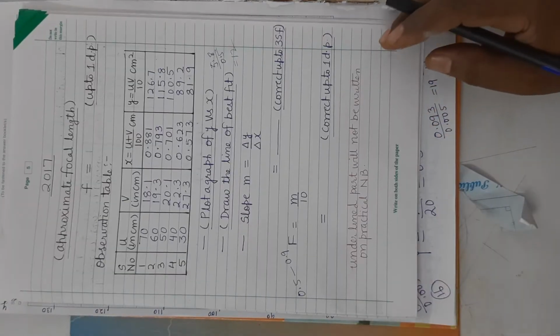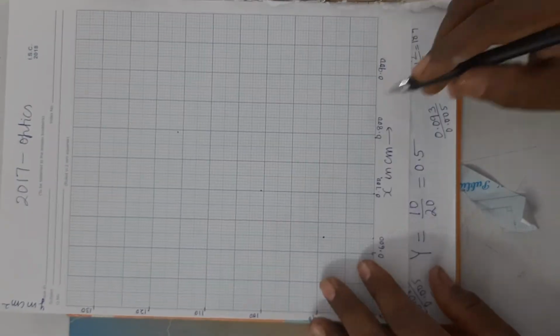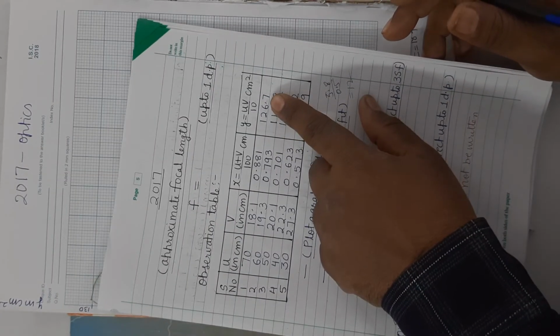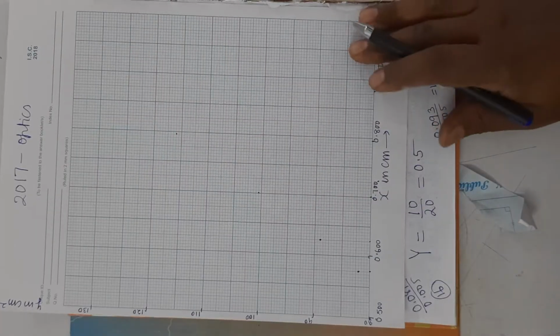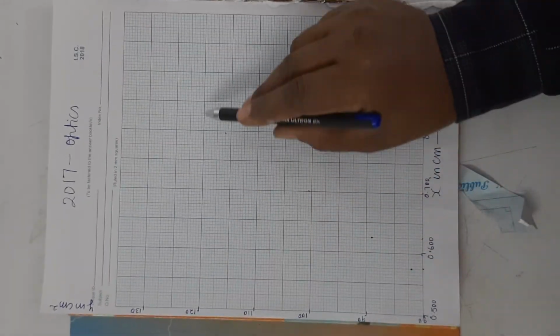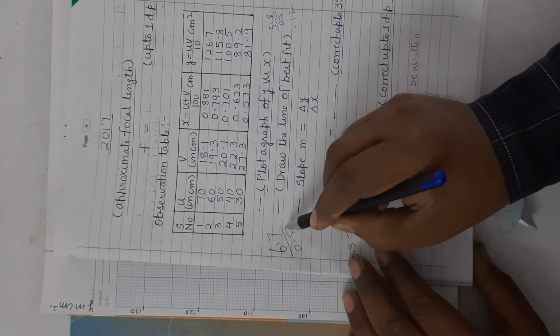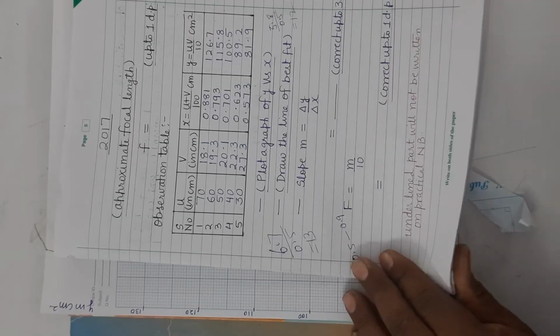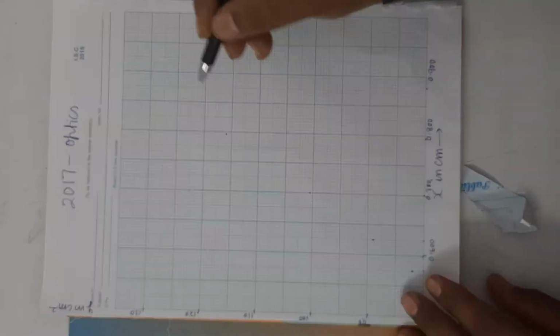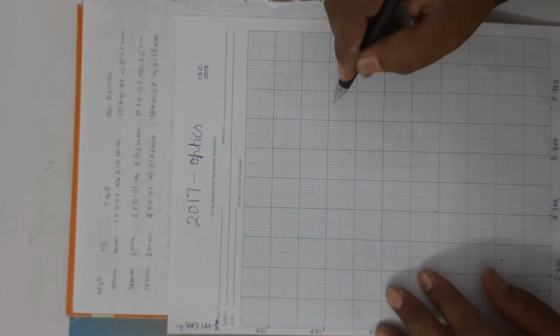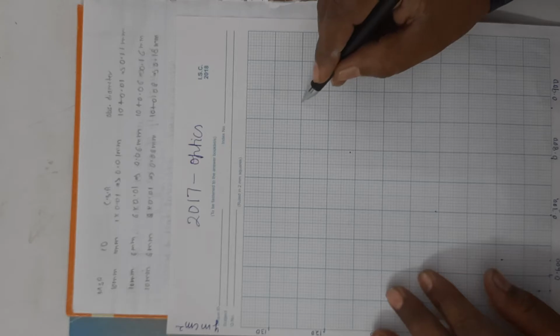You can see here 16 divisions: 10, 15, 16. And corresponding to this you have to plot 126.7. You can see 120 is up to here. How much is left? 6.7. So it will be 13 divisions. If I show you, it will be somewhere here, this point.